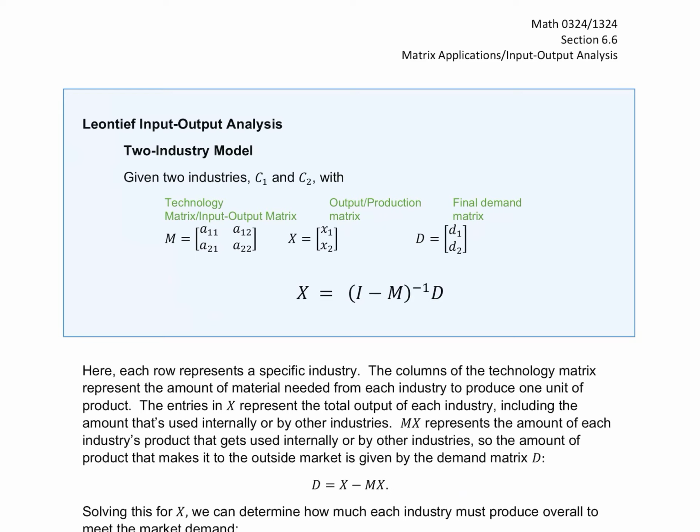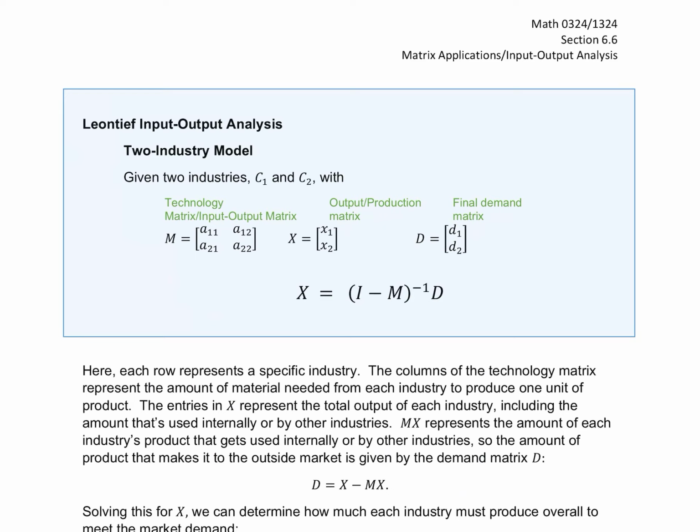If you want to get a certain amount of oil to the market, then maybe I'll say oil and electricity just to diversify. Maybe to get a certain amount of oil to the market, you need to use some oil and some electricity. And to get a certain amount of electricity to the market, you also are going to need to use some amount of oil and some amount of electricity. This is the model that you would use in that case.